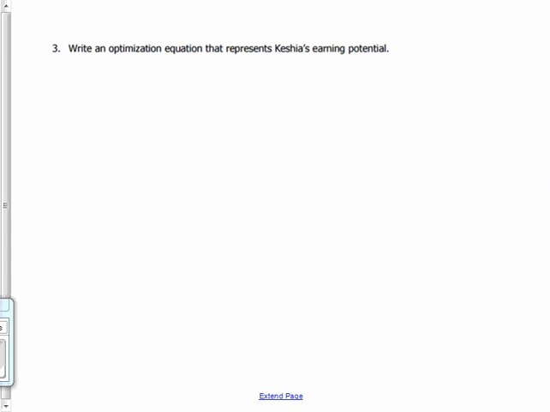Write an optimization equation that represents her earning potential. I'm going to use P for profits, even though that's usually reserved for businesses. If you are an individual worker, your profit is what you have left when you get done for the day and you got paid. This will also work later when we're doing profit for companies.